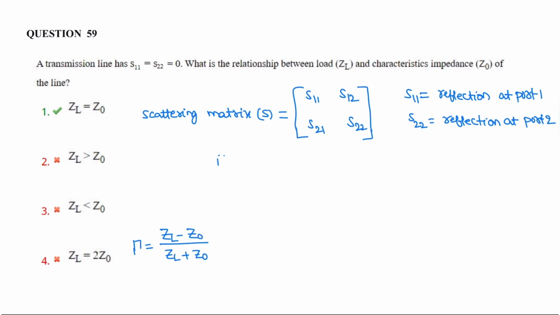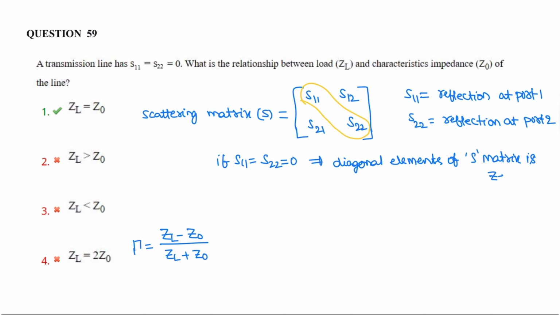If S11 is equal to 0 and S22 is equal to 0, that means the diagonal elements of the scattering matrix are 0. So if all diagonal elements are 0, then it is a perfectly matched line.